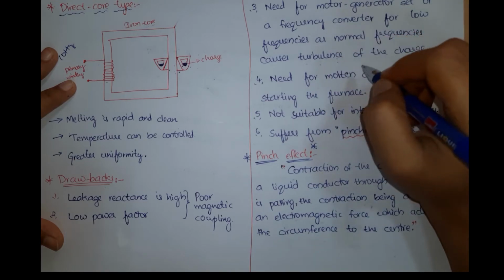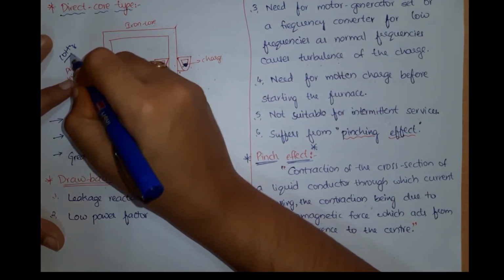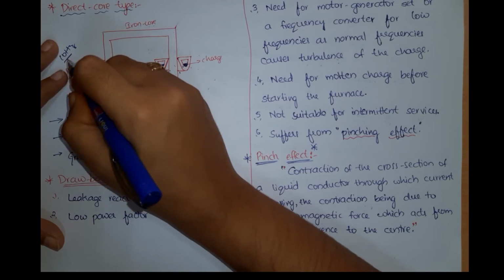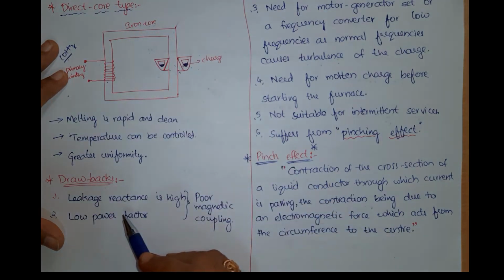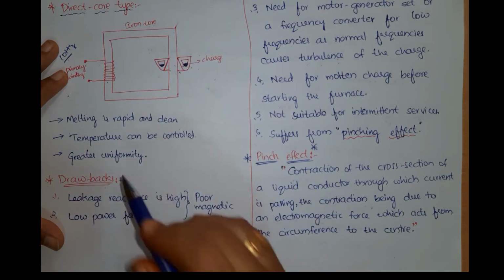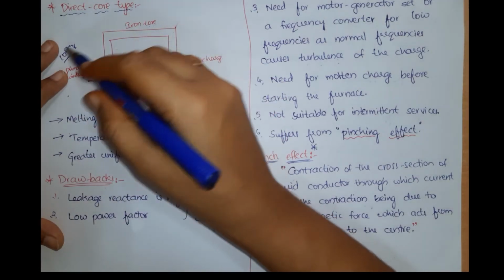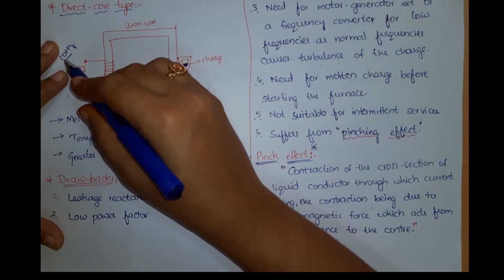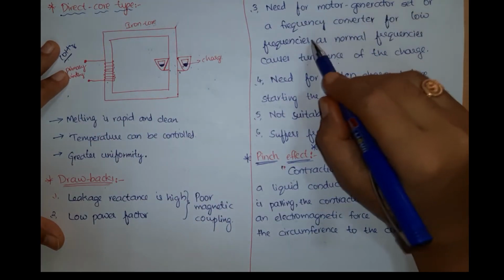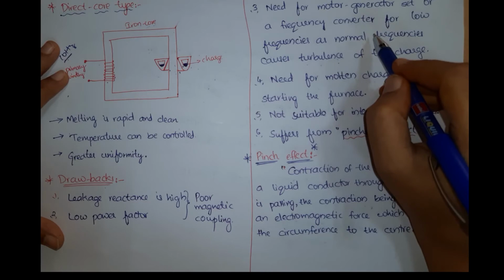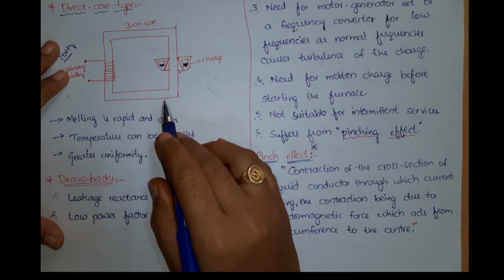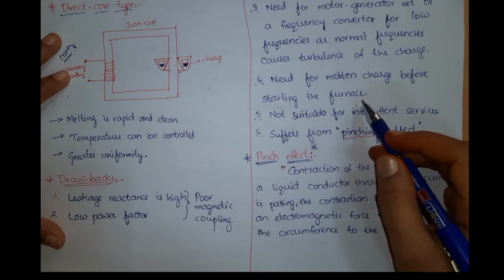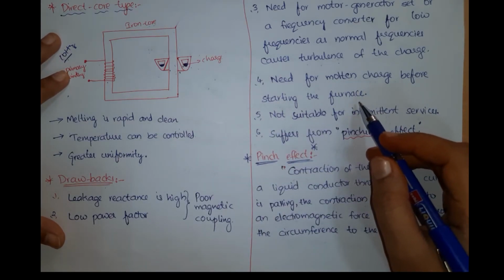We have already noticed that it is operated at 10 Hz, which is a very low frequency, to compensate for the high leakage reactance, right? To run this furnace at low frequencies is also a challenge. To achieve these low frequencies, we need a motor generator set or a frequency converter. Why? Because if you run this at normal frequencies, it causes turbulence of the charge, right? This is one of the drawbacks of the direct core type induction furnace.